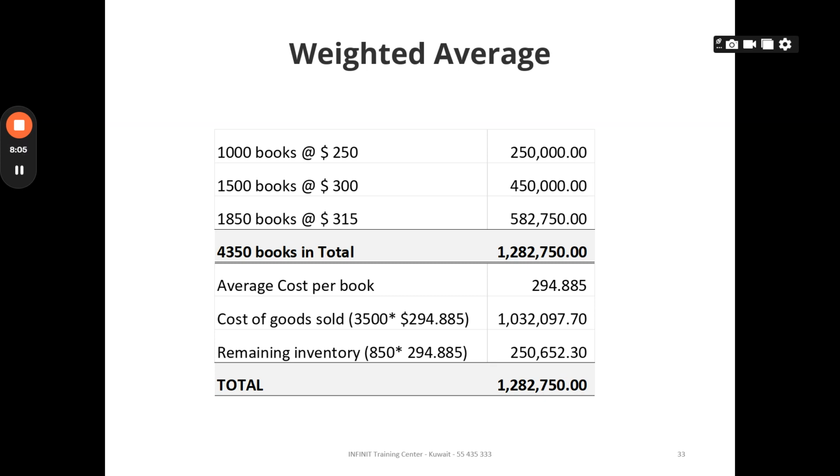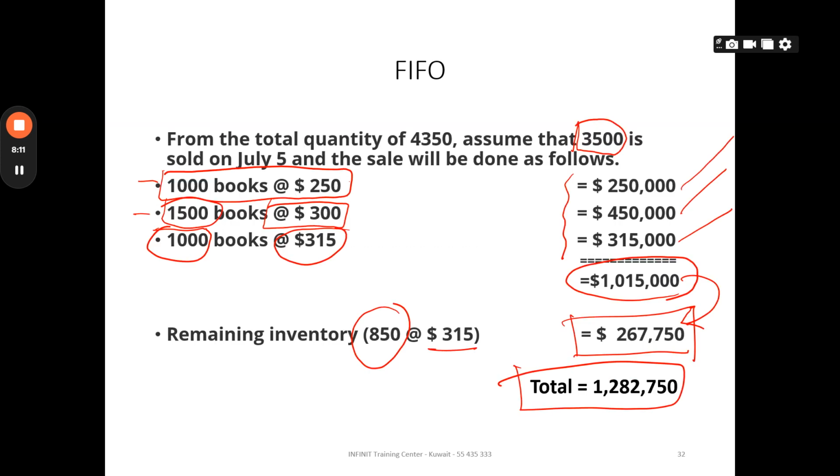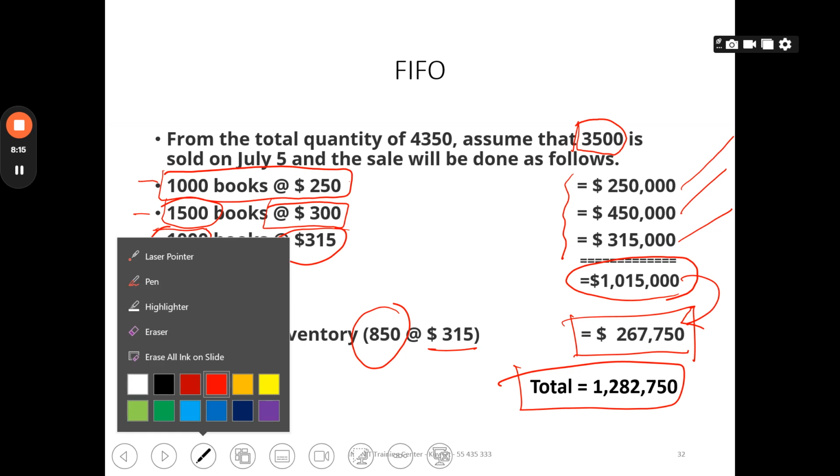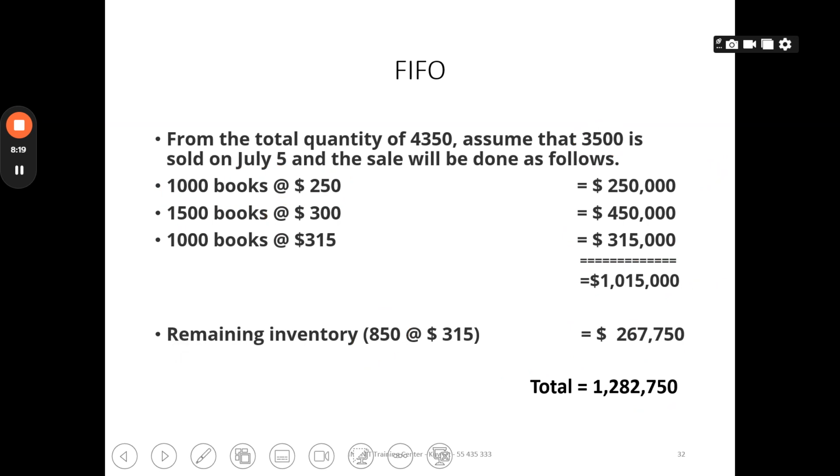You just add all the number of units and all the cost and take the total cost divided by the number of units. But in FIFO, you will be taking out your inventory values in terms of cost of goods sold based on the order in which they were purchased.